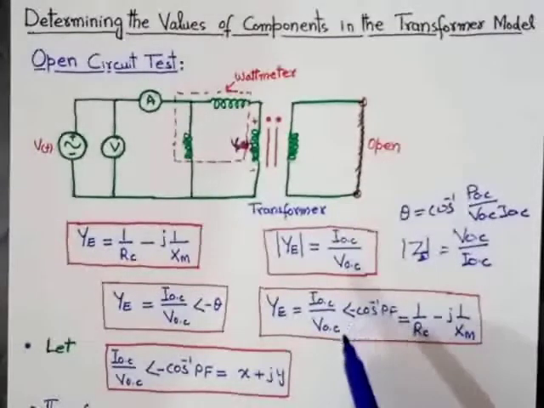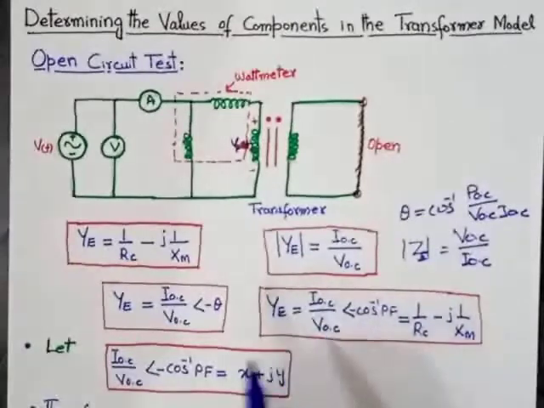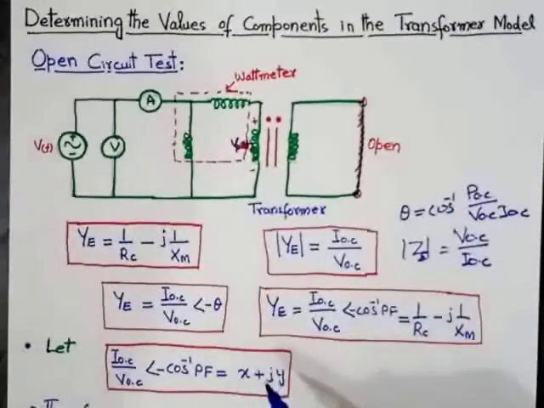So if we convert this polar form into rectangular form, then let the value of this polar form be equal to x plus jy. X plus jy is called the rectangular form. So we can convert polar form, that is r theta, into rectangular form.